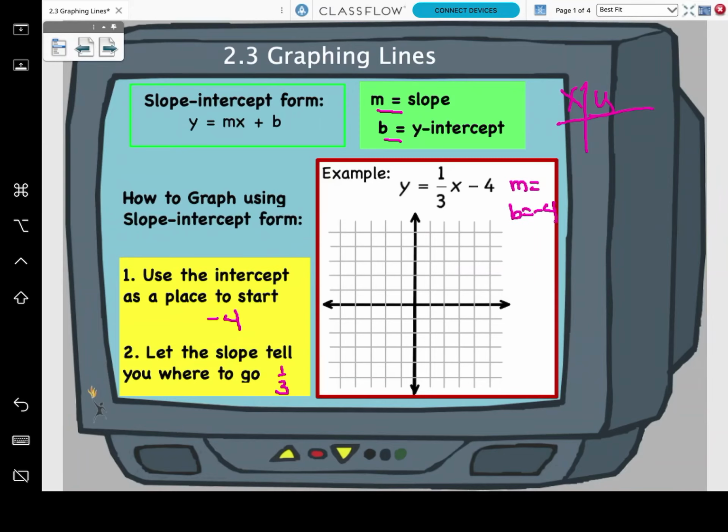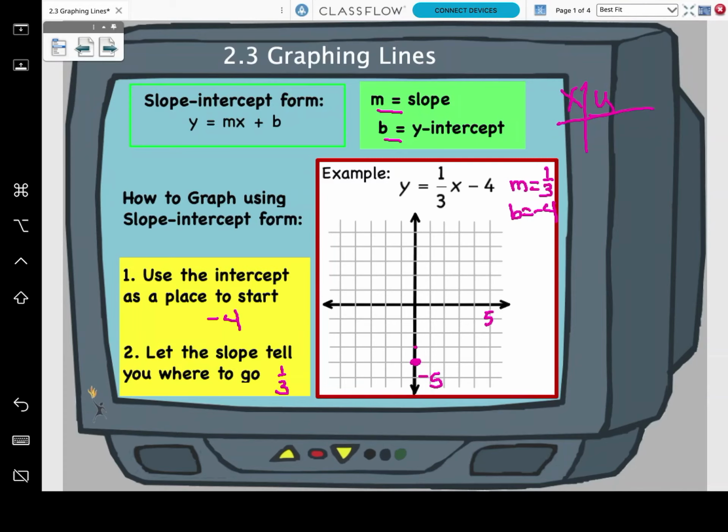of -4 and a slope of 1/3, I'm going to start at -4 on the y-axis because it's a y-intercept. I'm going to label my scale here, and then rise over run tells me to rise 1 and run 3.